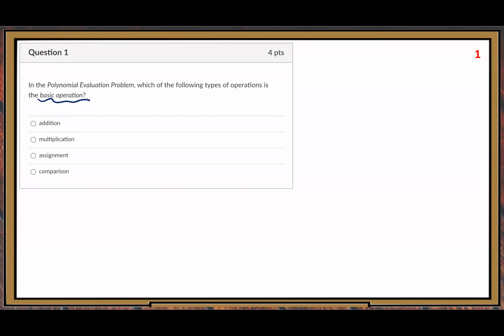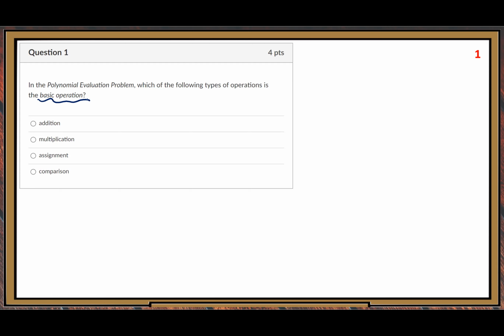For the basic operation, you look at which operation. Usually we may use several, not just one, so which one is the most commonly used? Some operations, although each one may take a lot of time, we do not use frequently. But for some operations, we frequently need to use them, so we pick that one.